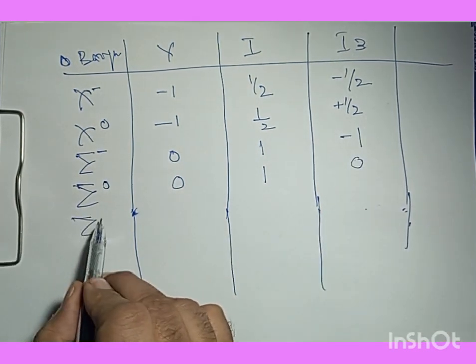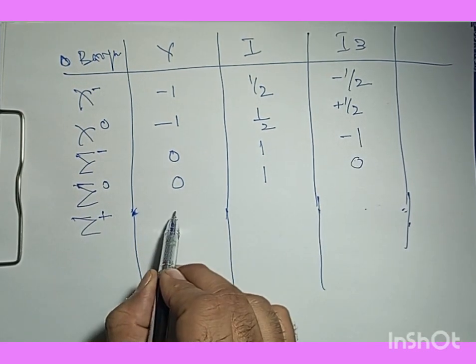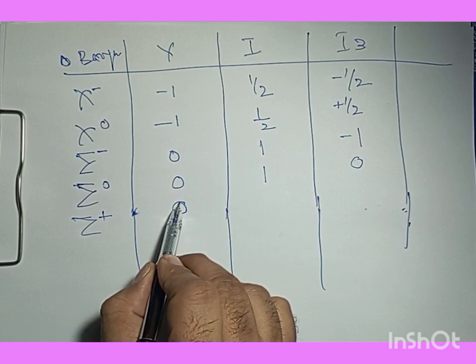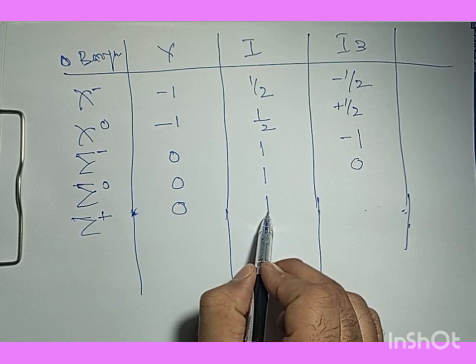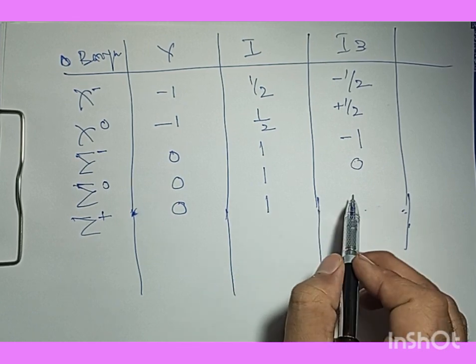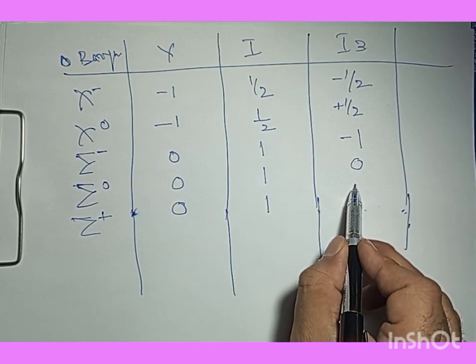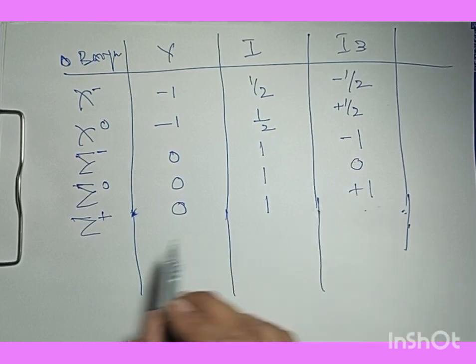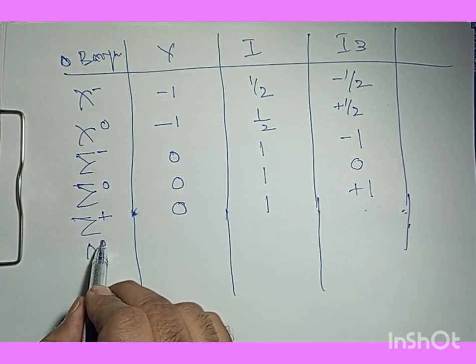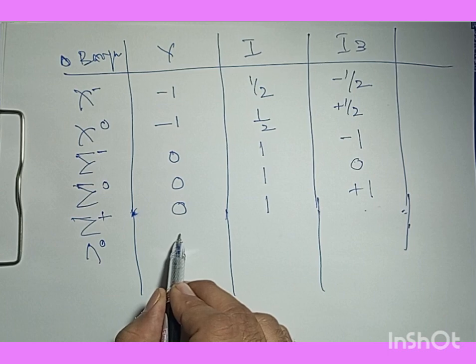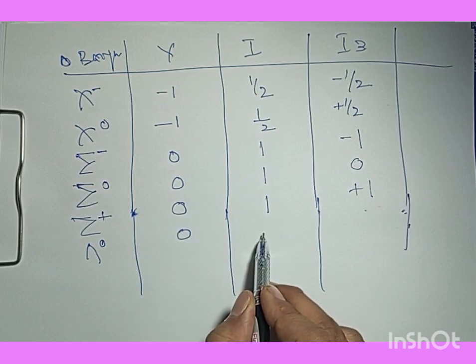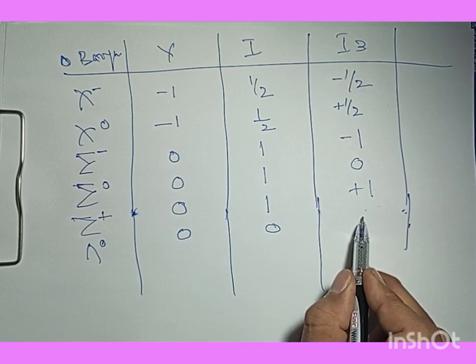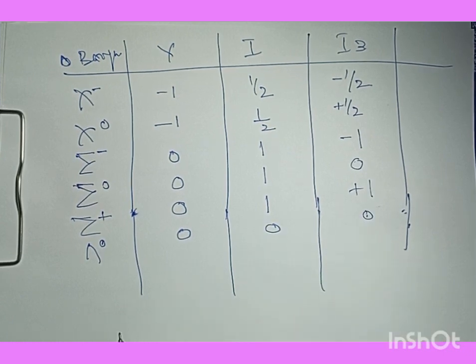Then we have sigma plus, with hypercharge 0, isospin 1, and third component I3 equal to plus 1. Then we have lambda, with hypercharge 0, isospin 0, and third component of isospin also 0.